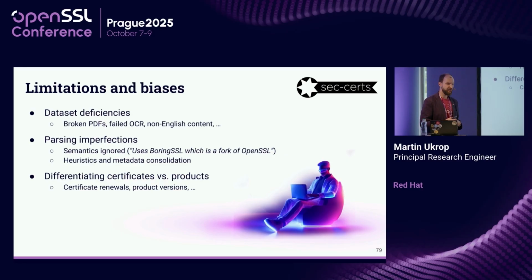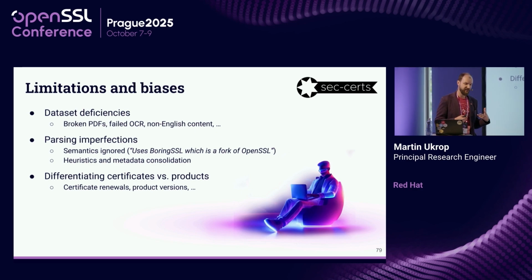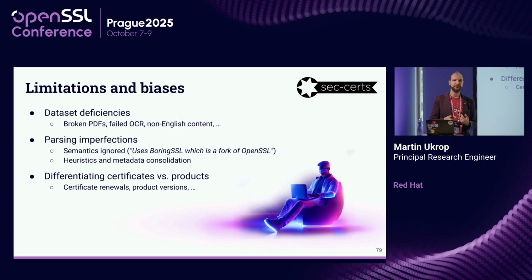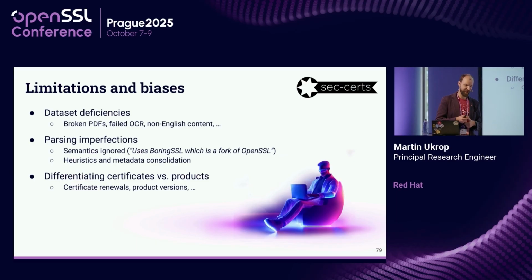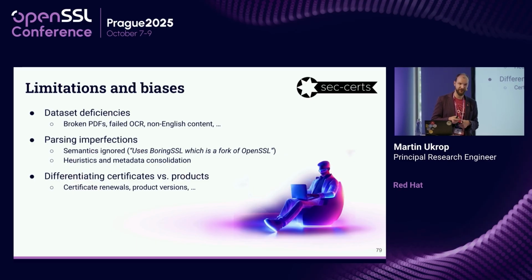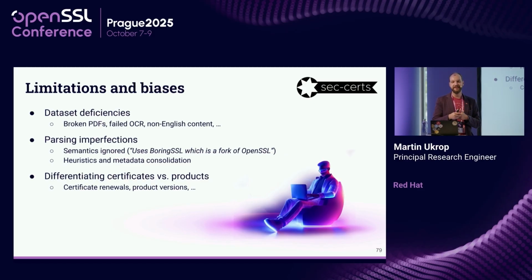Lastly, and we've been very precise in the language, you've seen the stats of mentions of OpenSSL, not necessarily uses, because of the semantic parsing that I just mentioned, and you've seen certificates that mention OpenSSL, not necessarily products that mention OpenSSL. Because there are certificate renewals in FIPS, so you can take a certificate and just renew it.